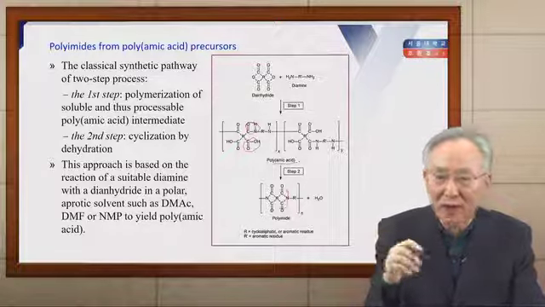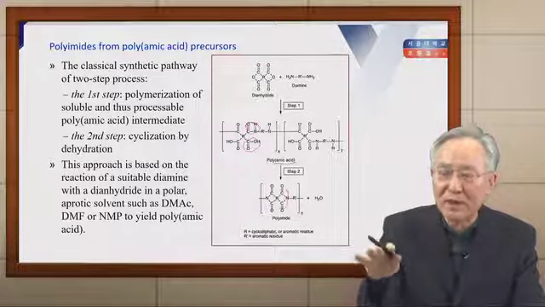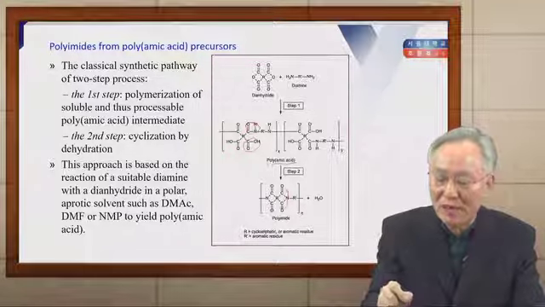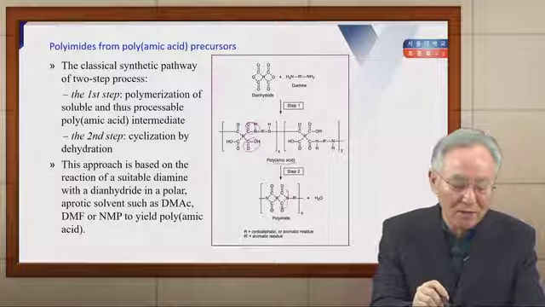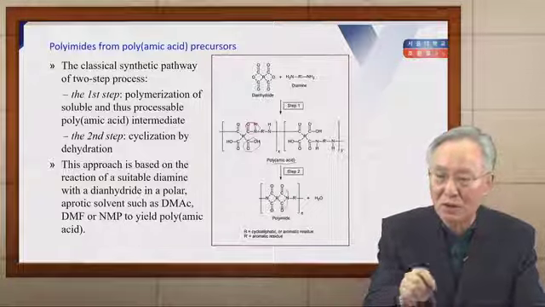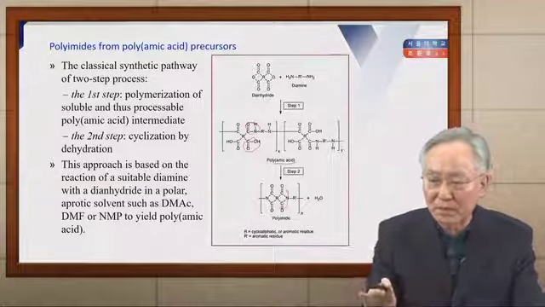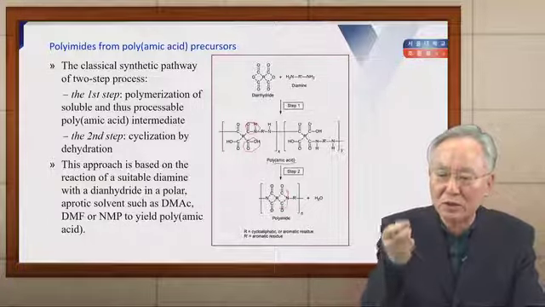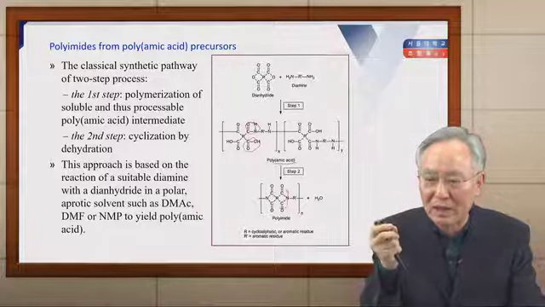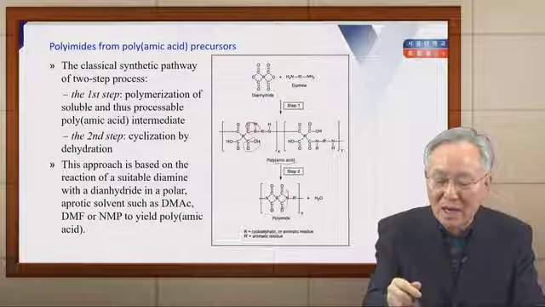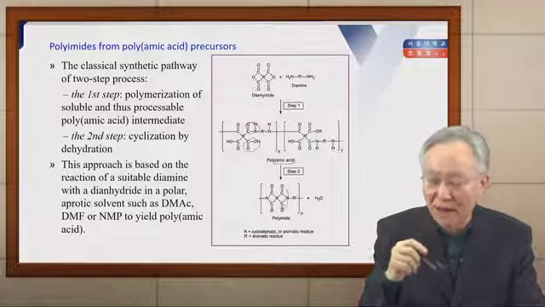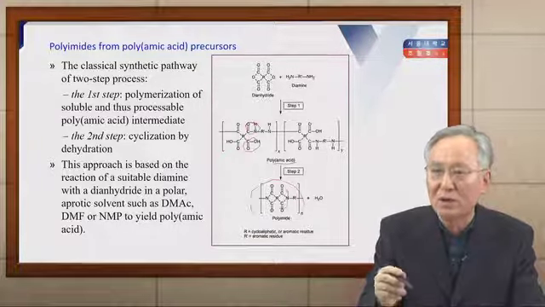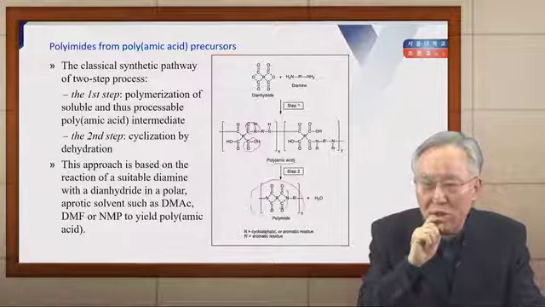For example, if you make polyimide films, first you prepare polyamic acid, which is soluble in dimethyl acetamide, DMF, or NMP. This solution is cast on a plate, and then you evaporate the solvent by heating. At the same time, this amic acid is cyclized to form polyimide. So after cyclization, you are never able to process it anymore.